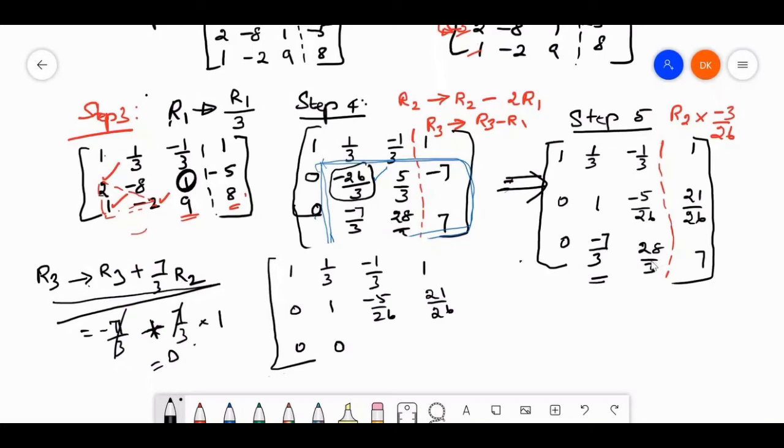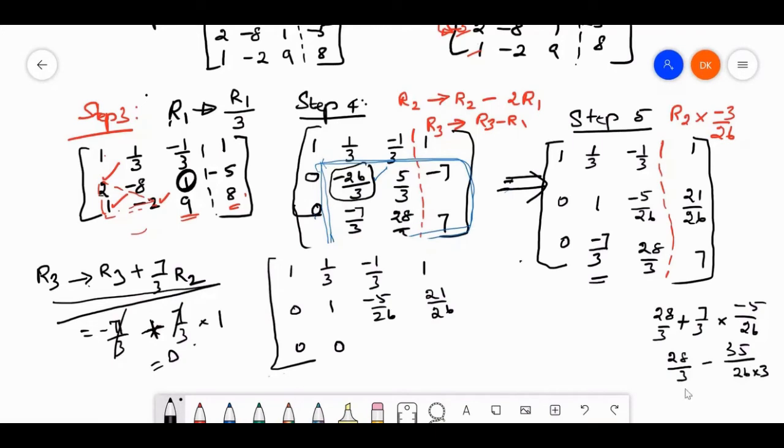So 28 divided by 3 plus 7 by 3 into R2. What is R2 value? Minus 5 divided by 26. Okay, so then that means 28 divided by 3, minus 35 divided by 26 into 3.